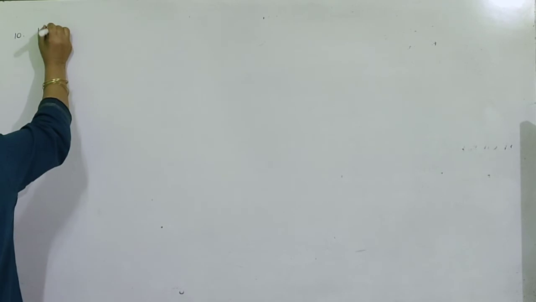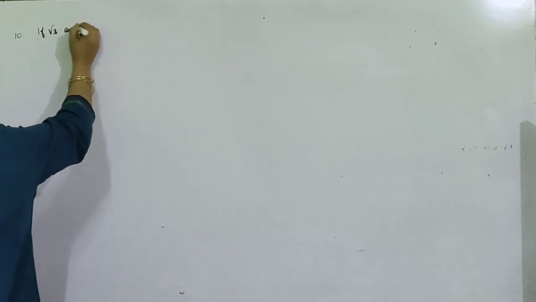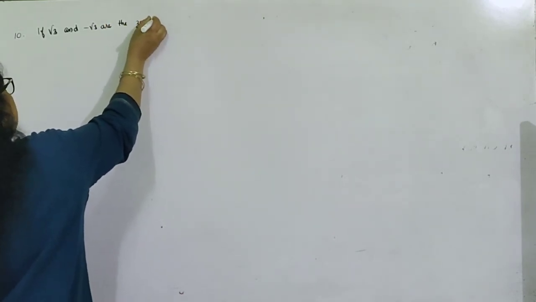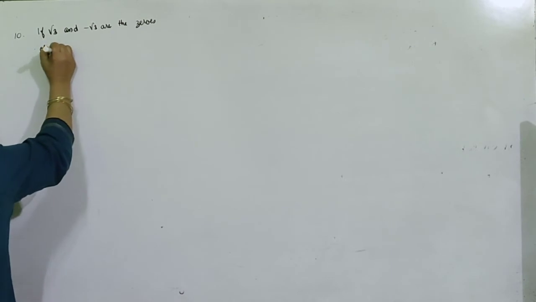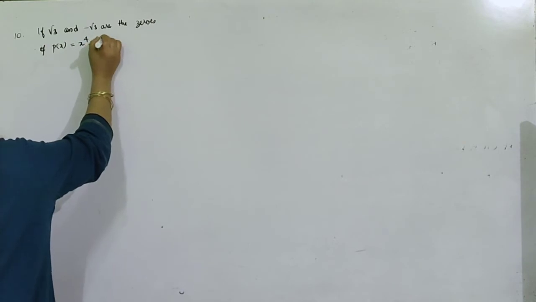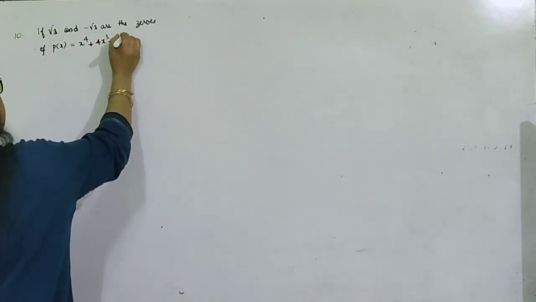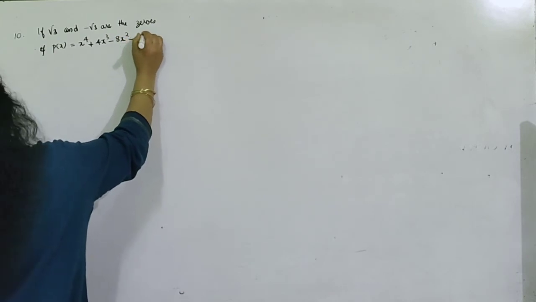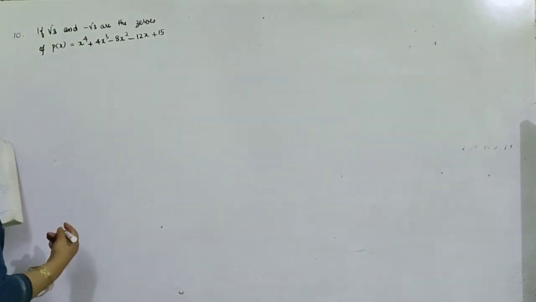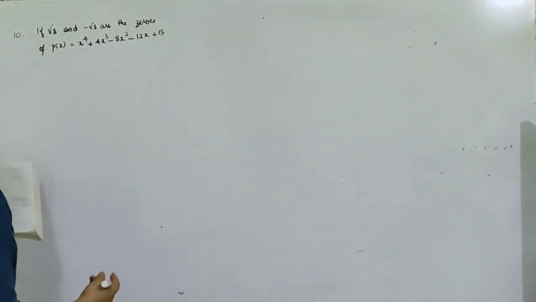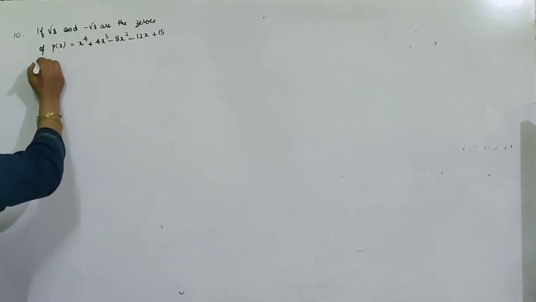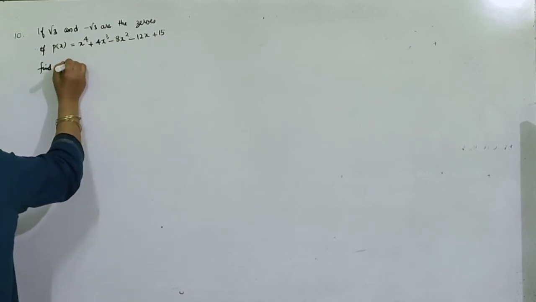So this is the question I am writing here. If root 3 and minus root 3 are the zeros of p of x equal to x raised to 4 plus 4x cube minus 8x square minus 12x plus 15, find the remaining zeros.